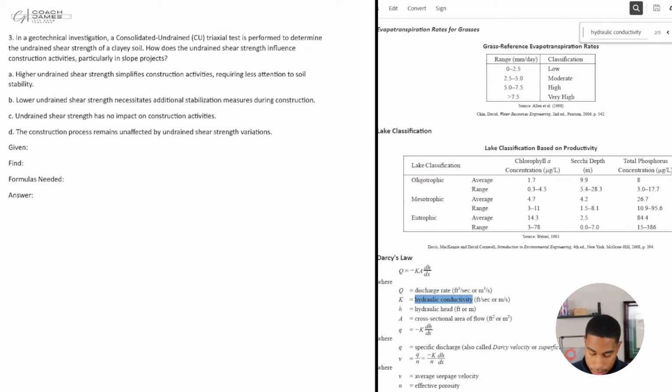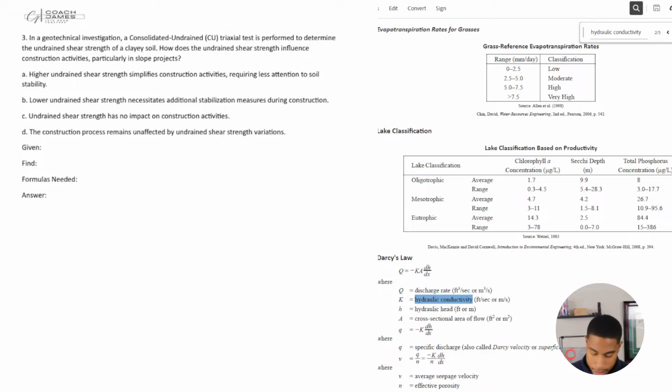Let's look at number 3. In a geotechnical investigation, a consolidated undrained triaxial test is performed to determine the undrained shear strength of a clay soil. How does the undrained shear strength influence construction activities, particularly in slope projects?